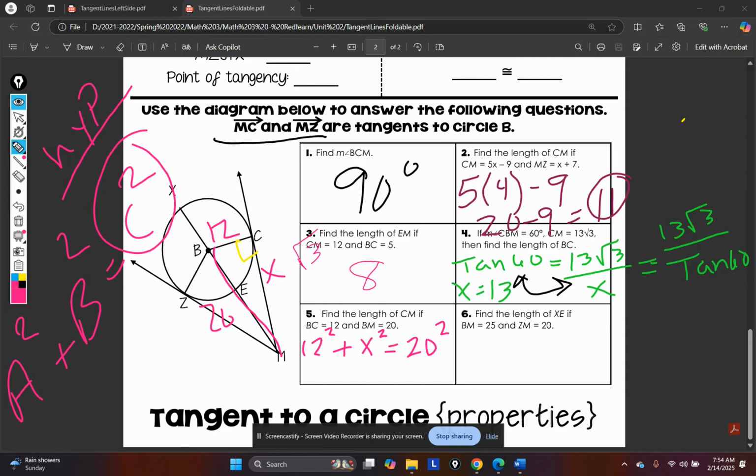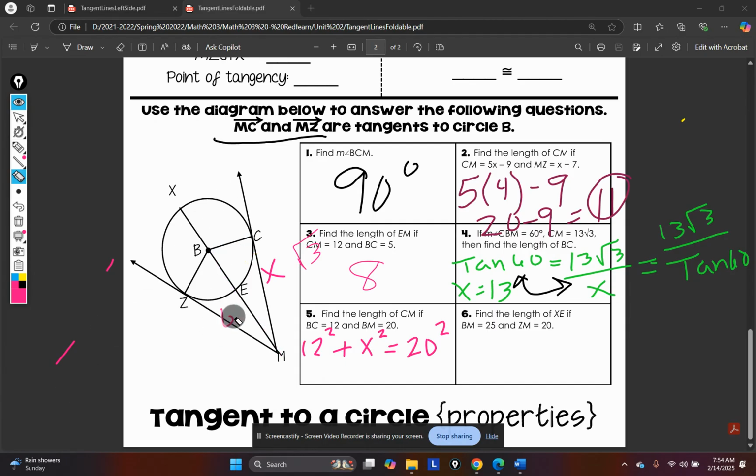Okay, so for number 6, find the length of XE. All right, so we want to find the length of XE, which is this whole line right here. Okay, find the length of XE if BM equals 25 and ZM is 20.